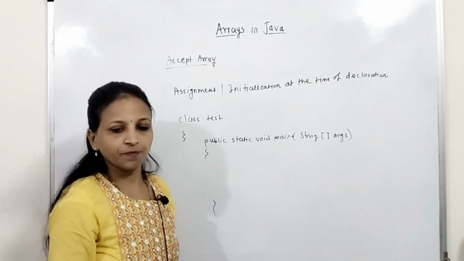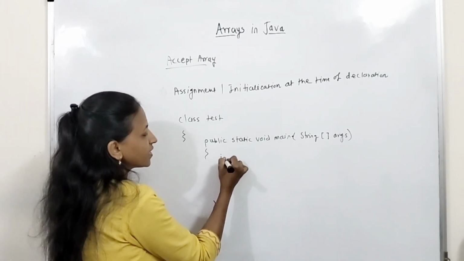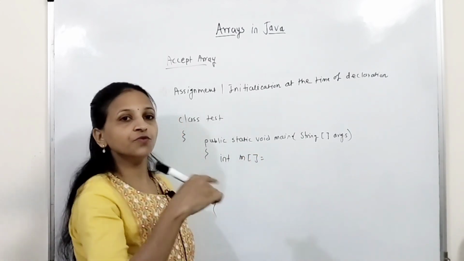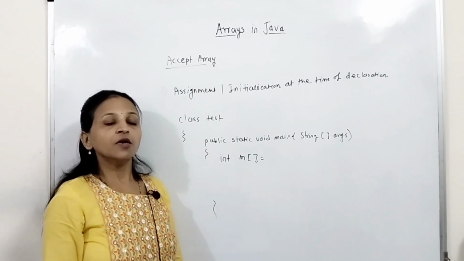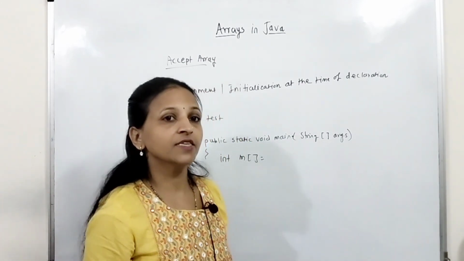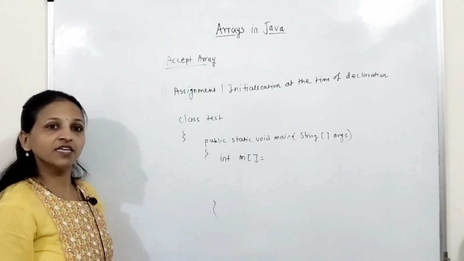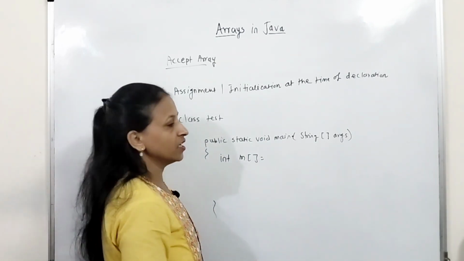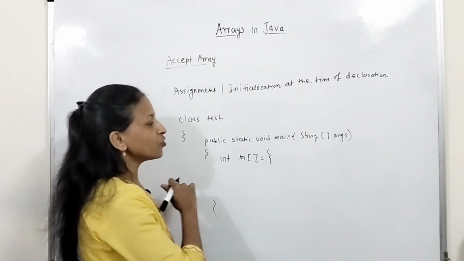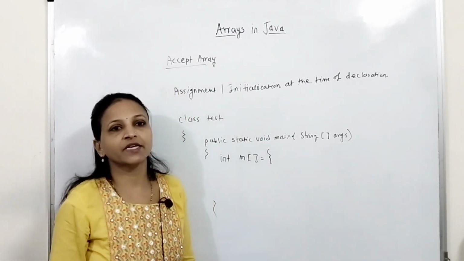Here you first have to think about how to initialize an array at the time of its creation. Here I am creating one integer array like int m, and initially we write new int of 5, suppose. But if you are initializing the array at the time of declaration, then there is no need to use the new keyword while creating that array. Here we will directly use curly braces and put all the elements comma separated.